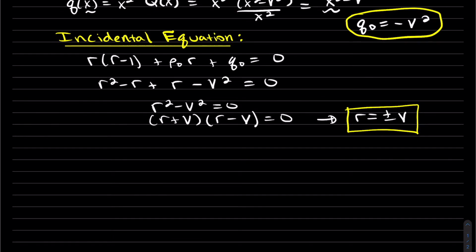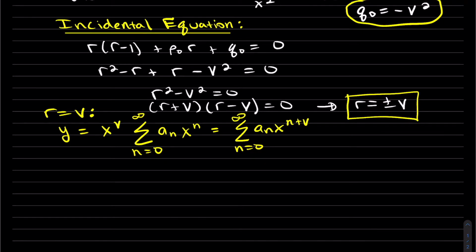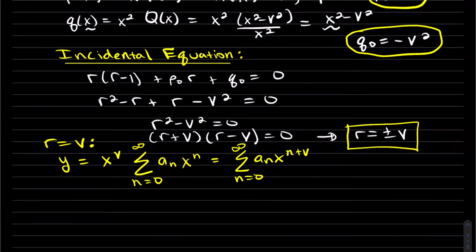So we use Frobenius. Remember, plugging it into the equation, we have to use r equals the positive v first. And we'll take the first derivative and second derivative and plug them into the equation.